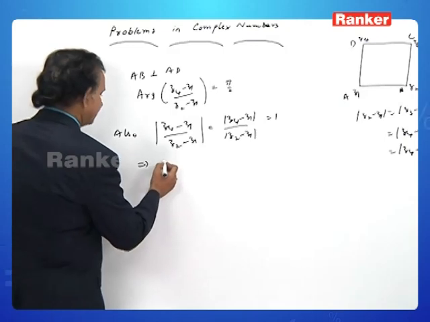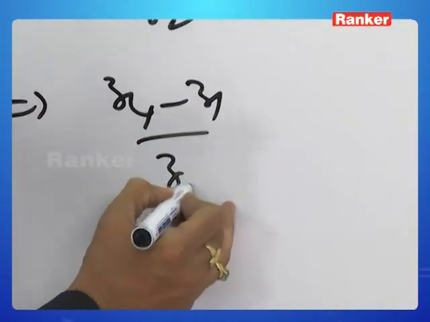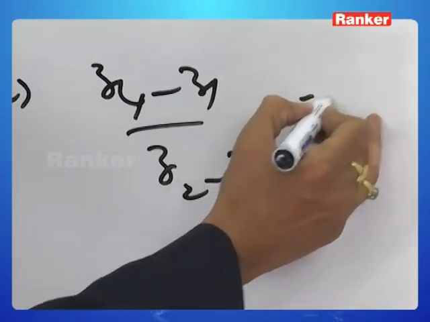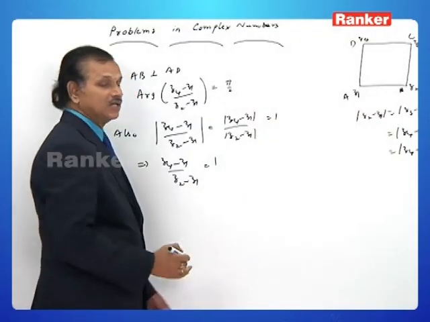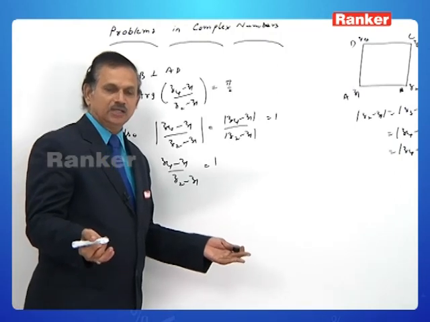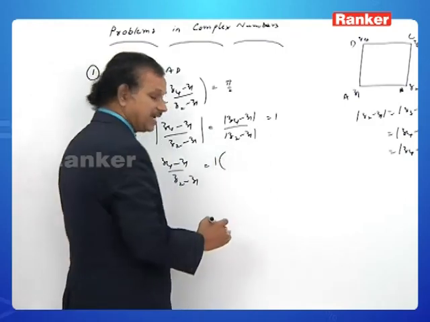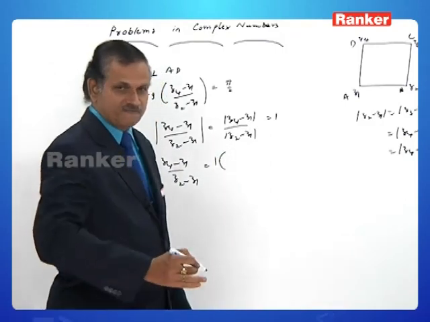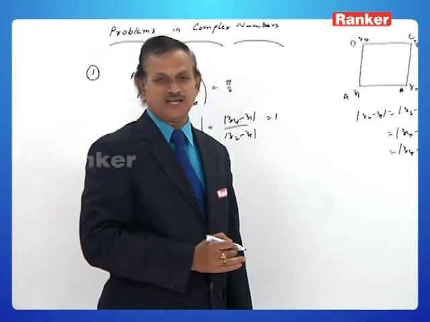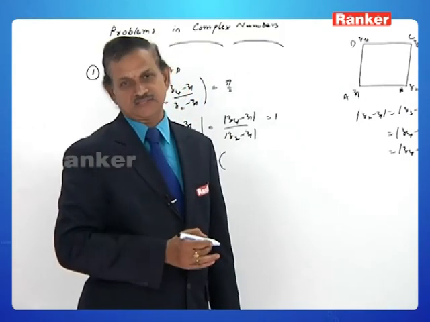So I say that (Z4 minus Z1) by (Z2 minus Z1) is equal to 1 into cos pi by 2 plus I sin pi by 2, or simply e power I pi by 2. Because if Z is a complex number, it can be expressed in mod amplitude form as mod Z into cos theta plus I sin theta.